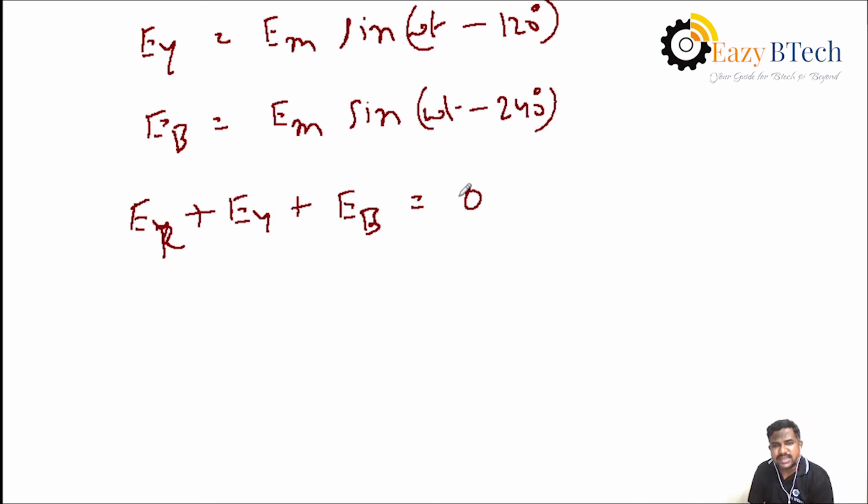The total voltage in a closed loop is 0. This is the condition in case of delta connection. In case of star connection, the sum of all three phase currents will be 0. These are the basic concepts regarding three phase circuits.